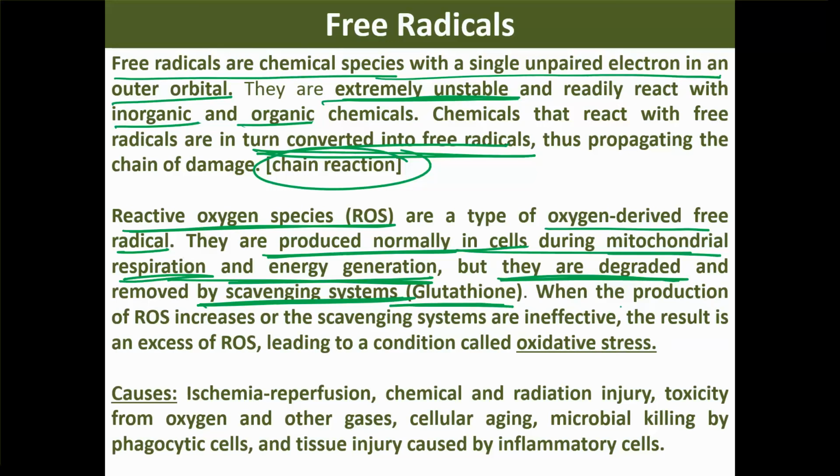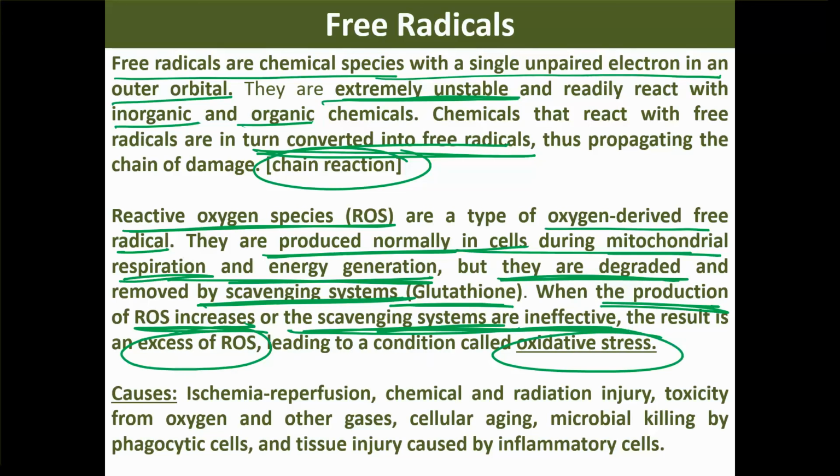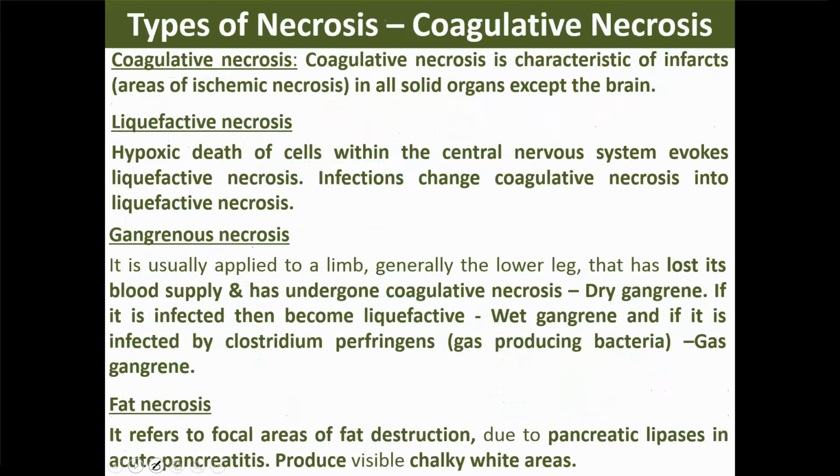If the production of reactive oxygen species increases, or the antioxidant mechanism is ineffective, that results in excessive reactive oxygen species, which is called oxidative stress. For example, in radiation injury, oxidative stress is formed.